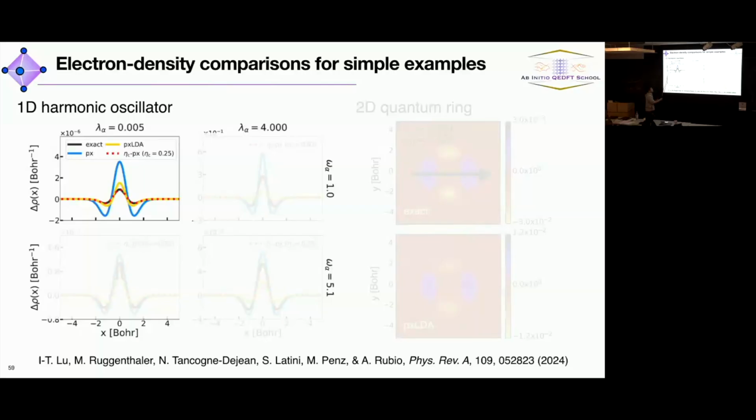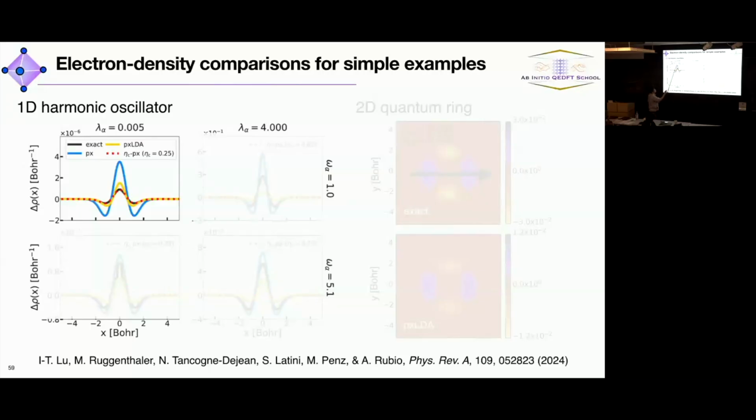The black one is the exact result, so we exactly diagonalize the Hamiltonian. Inside the cavity, you can see the electron will localize around the oscillator potential minimum. And if we use a PX potential, then you will overestimate.